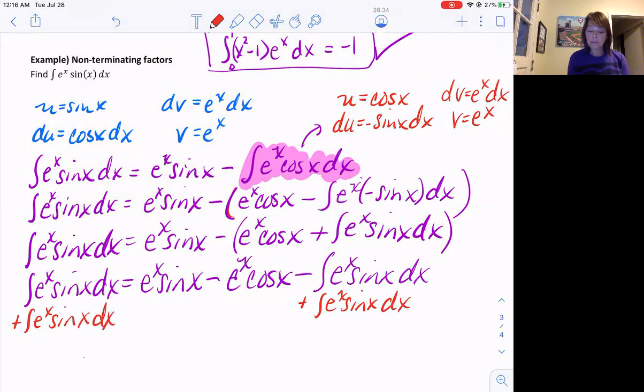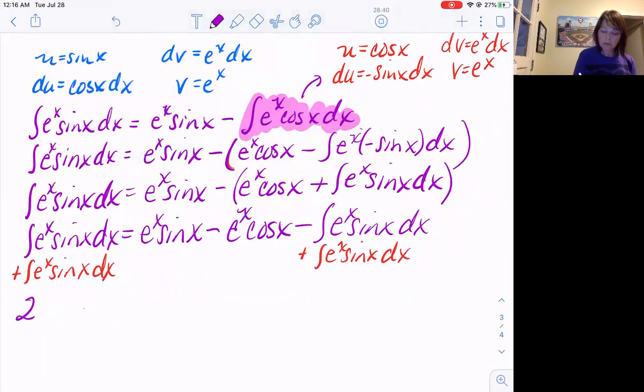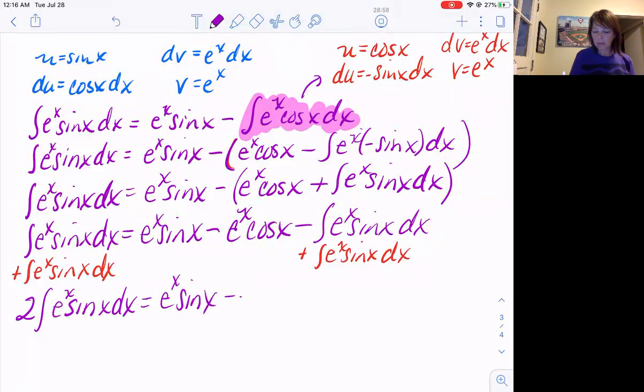We add the same thing, e to the x sine x dx, to both sides. And then we end up with two integrals of e to the x sine x dx, and that's equal to e to the x sine x minus e to the x cosine x.